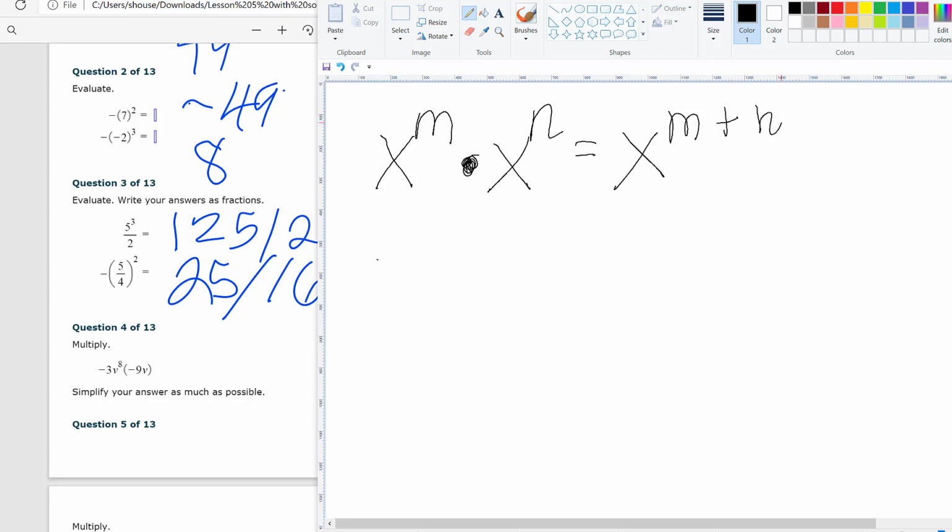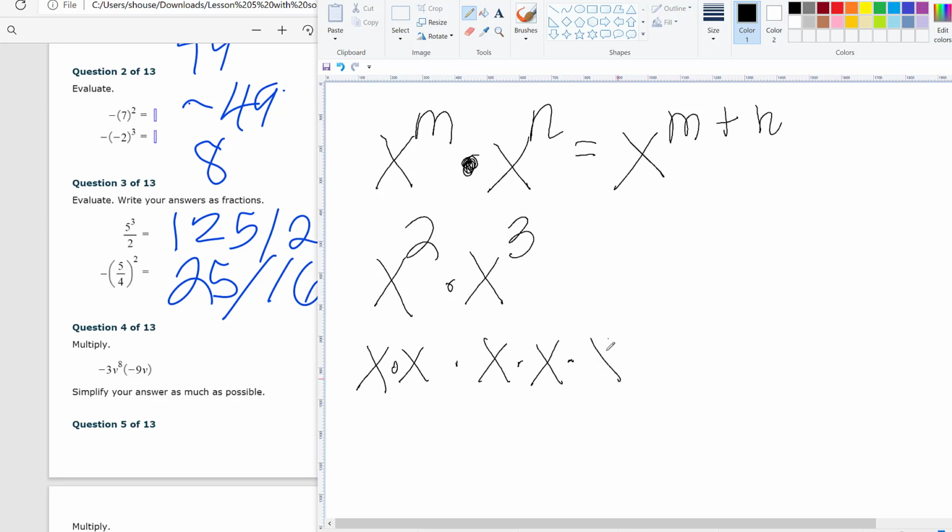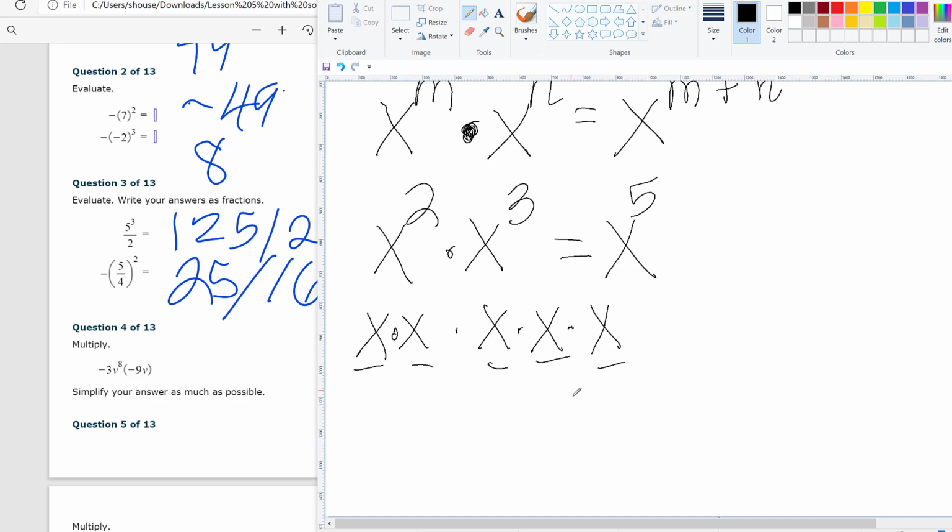Here's why. Let's say I've got x to the second times x to the third. Well, that means 2 x's are multiplied here, 3 x's are multiplied here, and if you count the total, you have 5, not 6. Now, if there happen to be numbers in front of these, 3x to the second times 2x to the third, well, those are regular numbers.